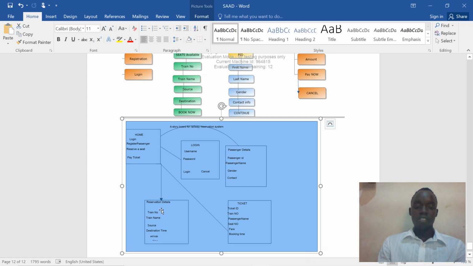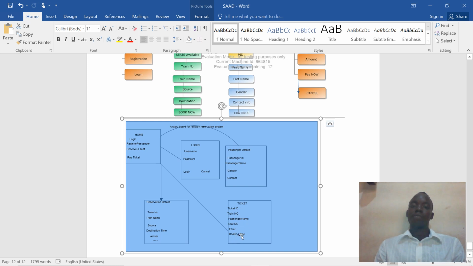A person can also fill in his reservation details so that his seat is reserved in advance to avoid inconveniences. Lastly, the ticket shows the ticket ID, train number, passenger name, seat number, fare, and booking time.